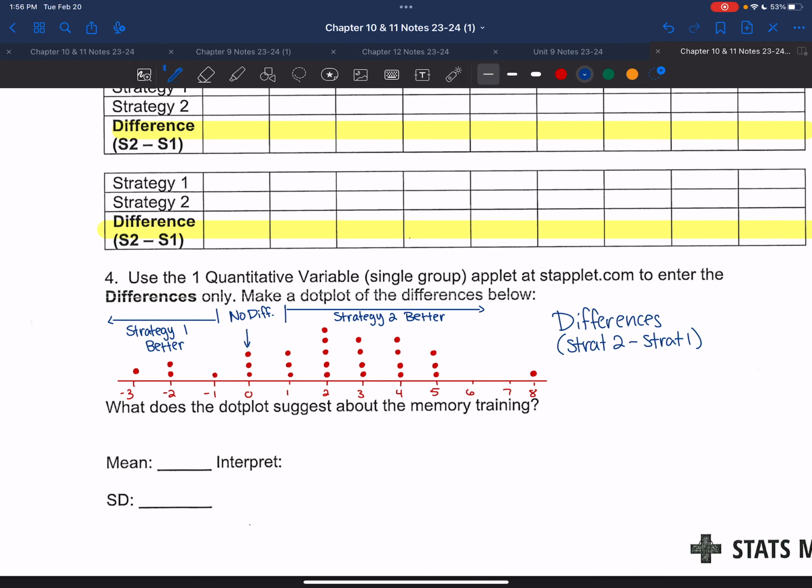Now, it says, what does the dot plot suggest about the memory training? Well, if you count, you're going to see that 20 out of 27 students did better with strategy 2. So that suggests that strategy 2 actually is the better of the two methods.